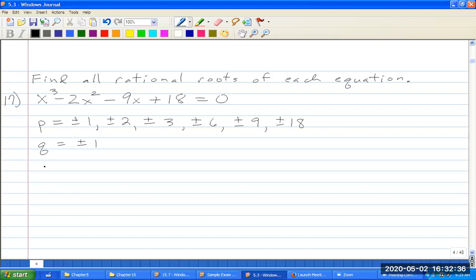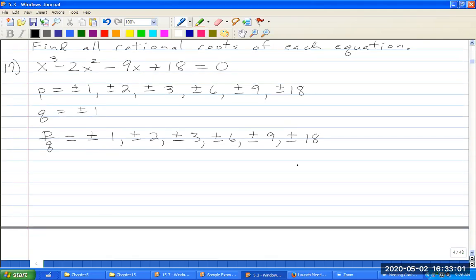So let's write P over Q. And so plus or minus 1, 2, 3, I'm just dividing by 1, 6, 9, and 18. These are the only possible rational roots. Okay.